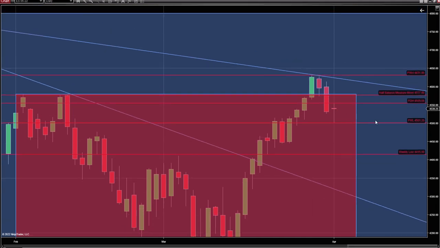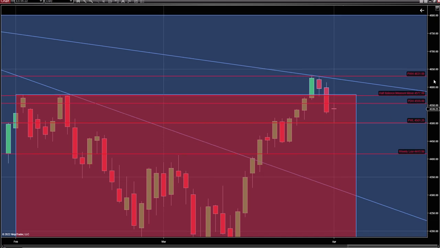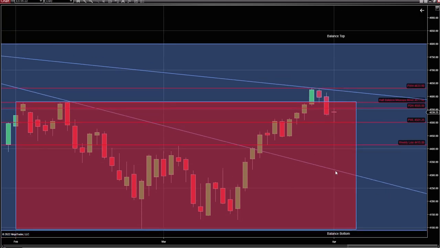So just keep these levels in mind for the next week. If 4501.25 breaks, then the potential destination is 4415, or probably the retest of this trend line, I would assume. So it might retest and then bounce back. That's on the daily time frame.